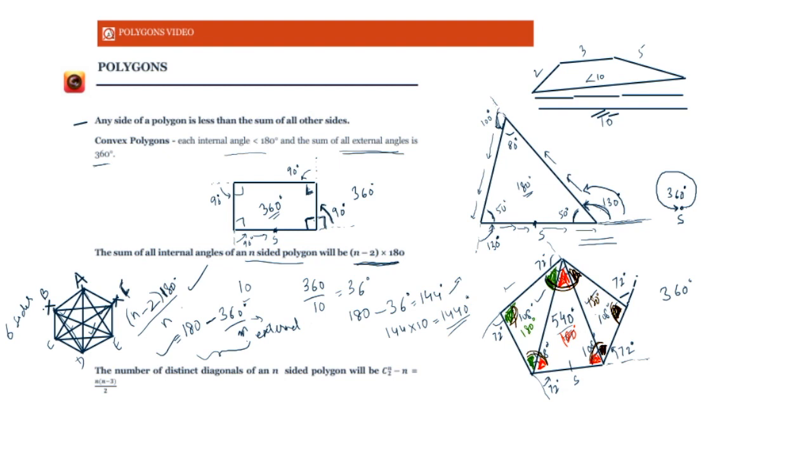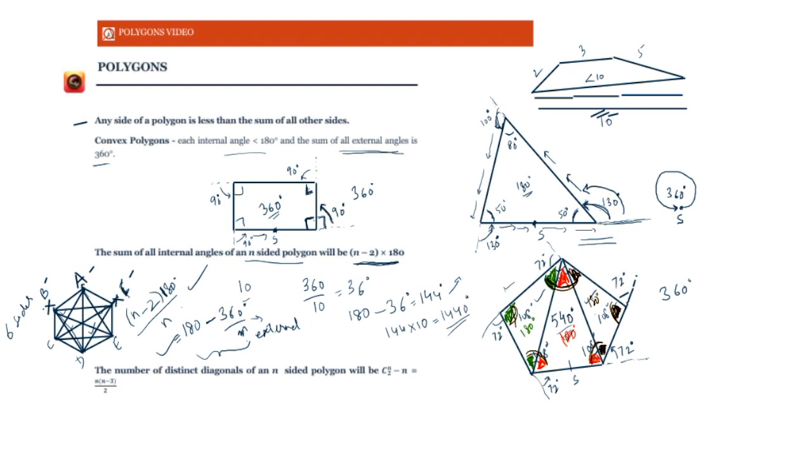So the number of distinct diagonals of an n-sided polygon. Look, how did we get it? We said that there are n vertices. Now we picked each vertex, for example A, and we said that it can make a diagonal with C, D, and E. It cannot make a diagonal with B, A, and F. Why? Because B and F are right next to it, and A is itself.